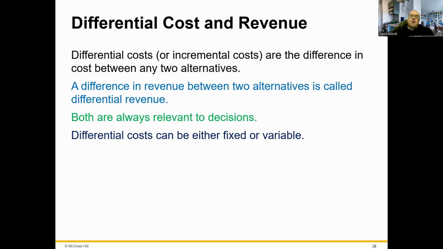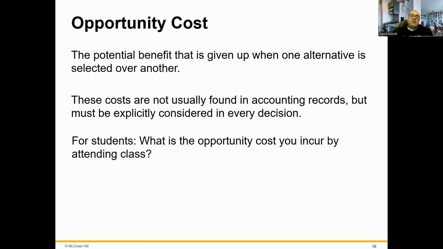So our differential costs or our revenue, both are going to be important to our decision process. Differential costs are the difference in cost between two alternatives, and differential revenue is the difference in revenue between two alternatives, and we are going to have to look at that. And then differential costs can be both variable and fixed.